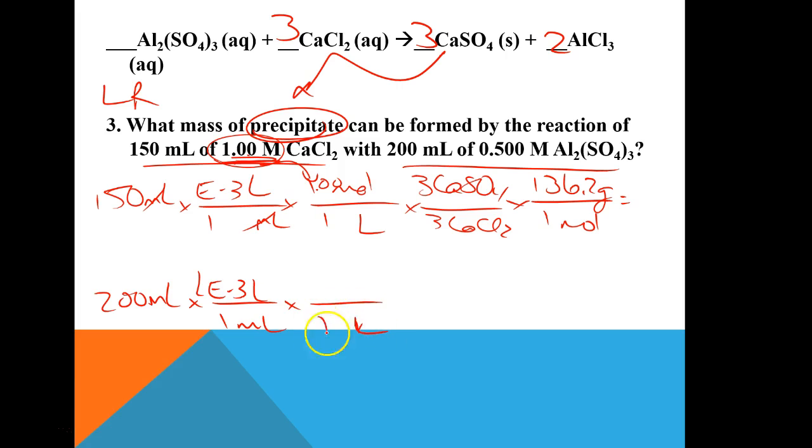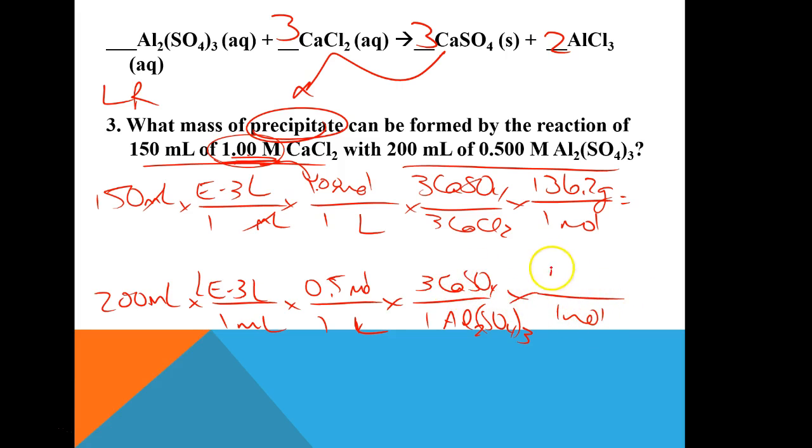One liter, and it's 0.5 moles. 1 aluminum sulfate, 3 calcium sulfates, 1 mole, 136.2 grams. And then all you do is run through the math and pick the smaller number.